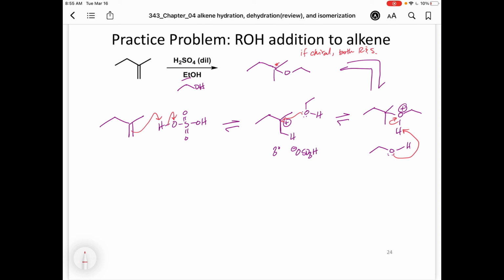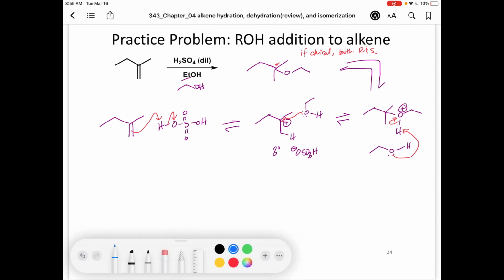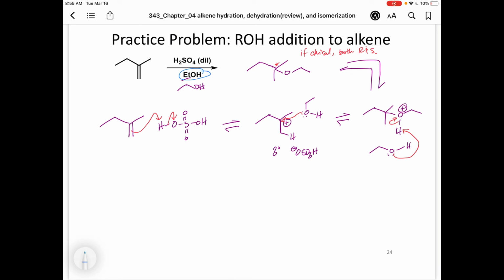We haven't looked at using an alcohol, okay, like in this reaction, but we've done water before. The mechanism is very similar, same reactivity here. The key here is that once you protonate your alkene, you're going to make the most stable carbocation. And this is that Markovnikov's rule of the hydrogen adding on the least substituted carbon. All right, that's it for this video, and I will see you in the next video.